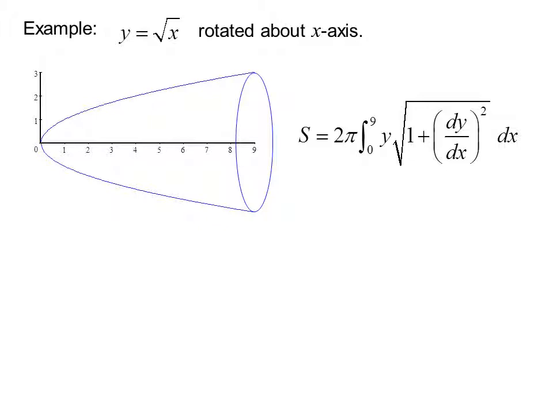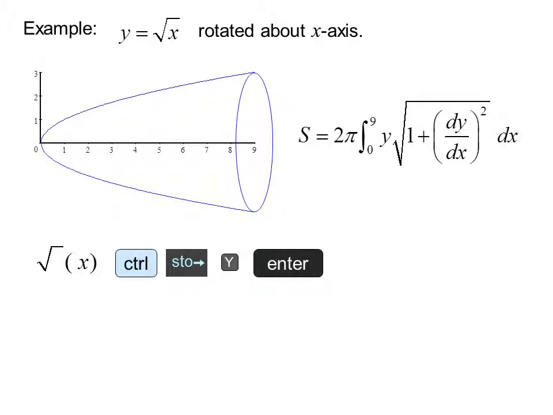In this case, y is the radius. We store the function radical x as y by entering radical x, control, store, y, enter.